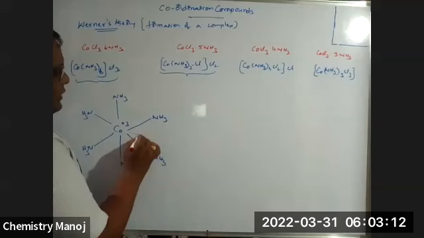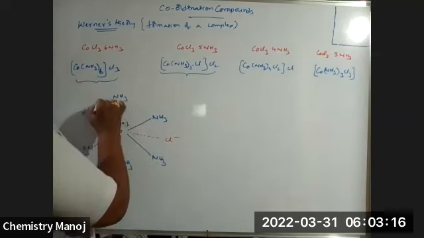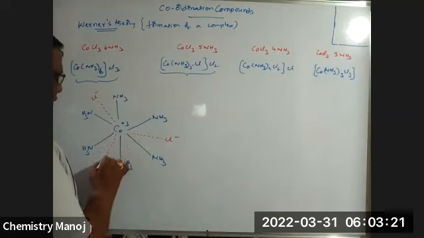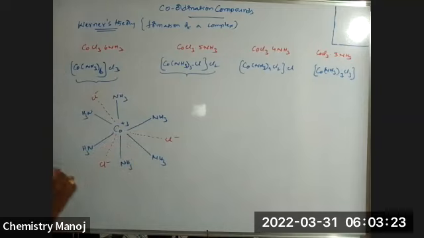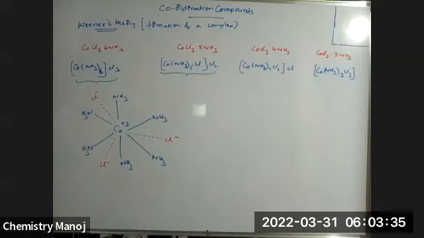So the ionizable valency is indicated with dotted lines, Cl minus. This is the Werner structure for the above complex. By seeing the structure, we can easily identify which is ionizable and which is not. Dotted lines easily break down into respective ions, but solid lines cannot.